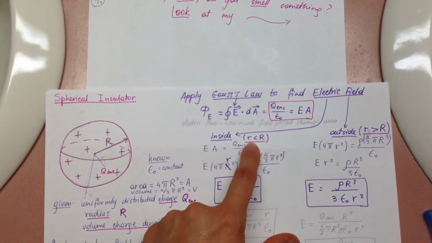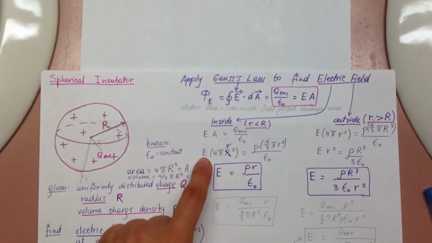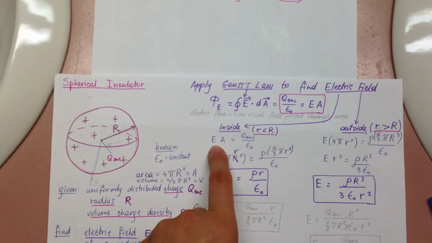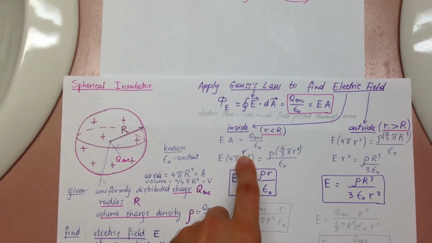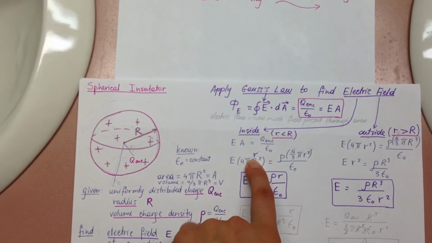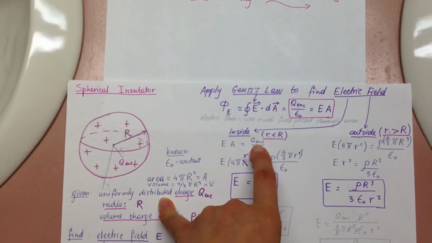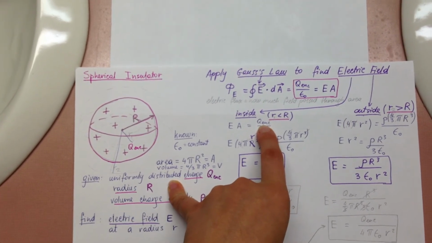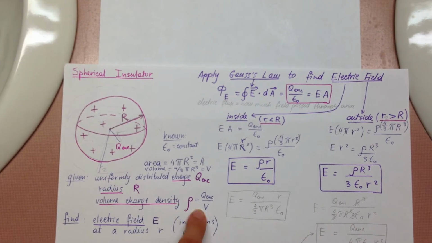So when little r is smaller than our radius, we are going to have electric field times area, which we write in terms of 4 pi r squared. This is a little r, because that's the area of a sphere. And the charge enclosed, we rewrite in terms of rho and volume.